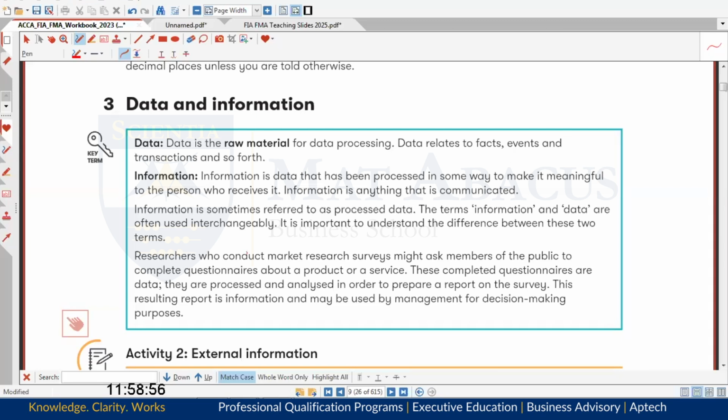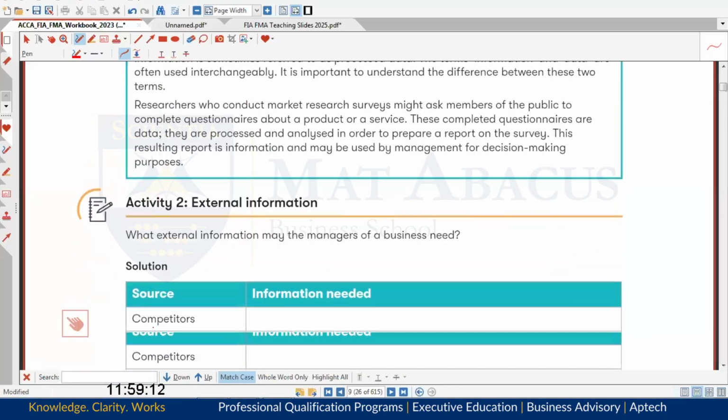Now that is information. Just your age on the list does not make sense. However, when I get the average of it, then I get my target market. That is the difference between data and information.